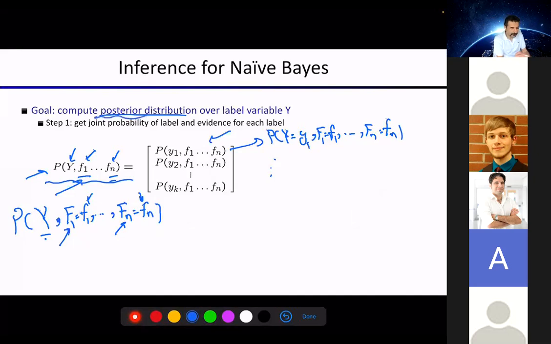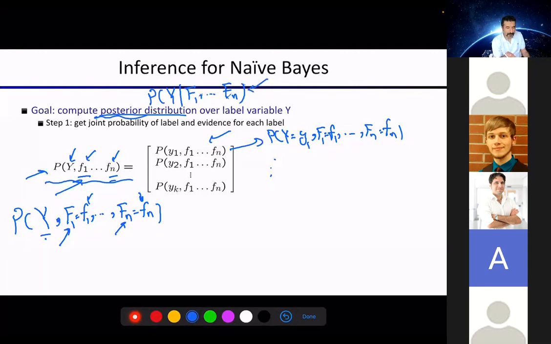So the goal is to calculate this posterior probability distribution, and it means that we want to calculate the probability of y, which is the label, given all of the feature values, right? Given f1 through fn. This is the model we want to build.